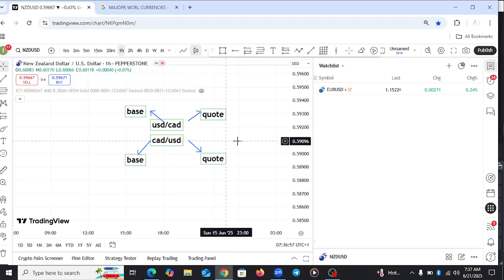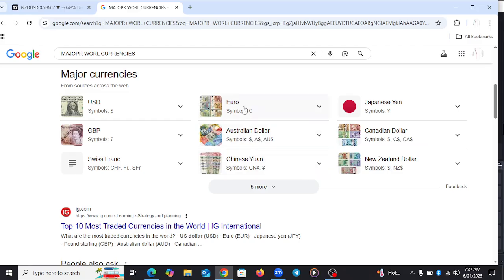So we have a platter of them: EUR/JPY, EUR/CAD, NZD/CAD, GBP/AUD, GBP/CHF, all these major currencies just crossed with each other without the dollar.